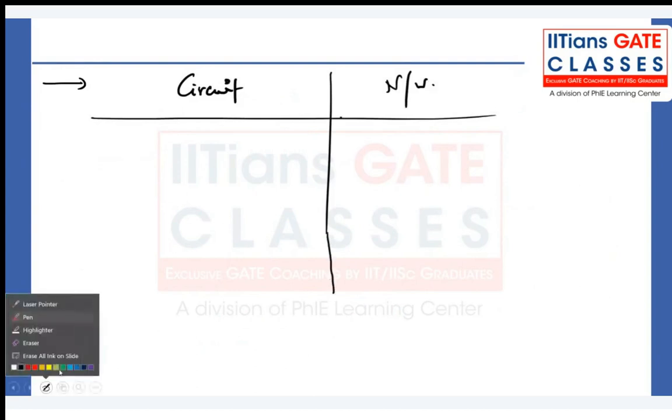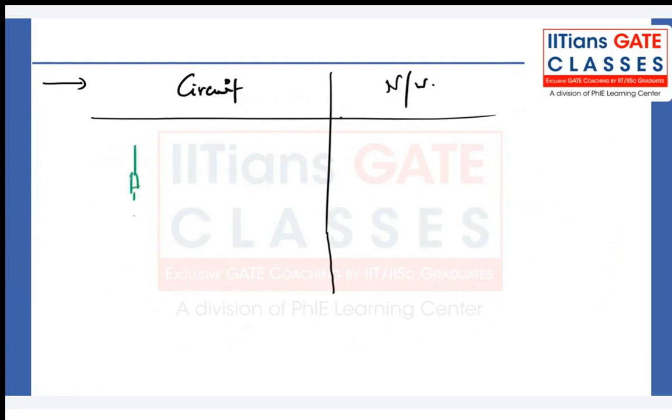A circuit is something that has a closed path. Suppose I draw this kind of interconnection of all the elements.